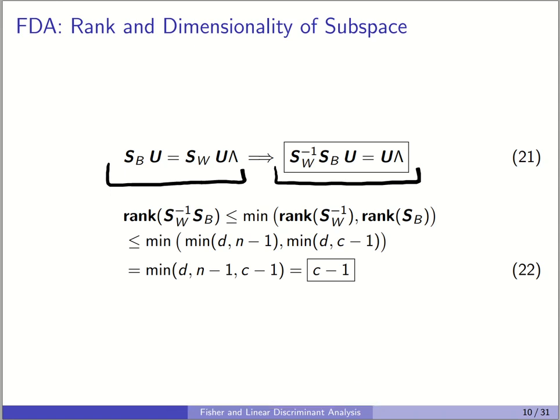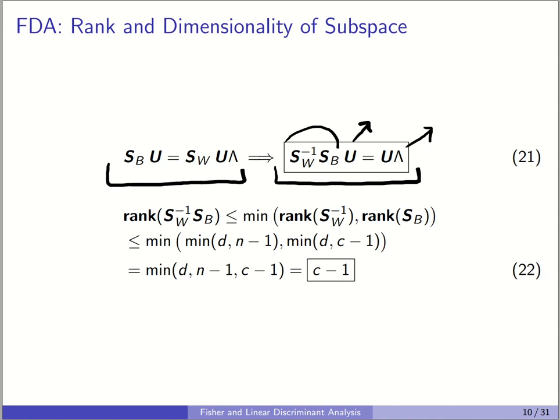By left multiplying by S_W inverse. So this is the eigenvalue problem for S_W inverse S_B. It means that the projection directions of Fisher discriminant analysis, U, are the eigenvectors of S_W inverse S_B, and lambda here is the eigenvalues.